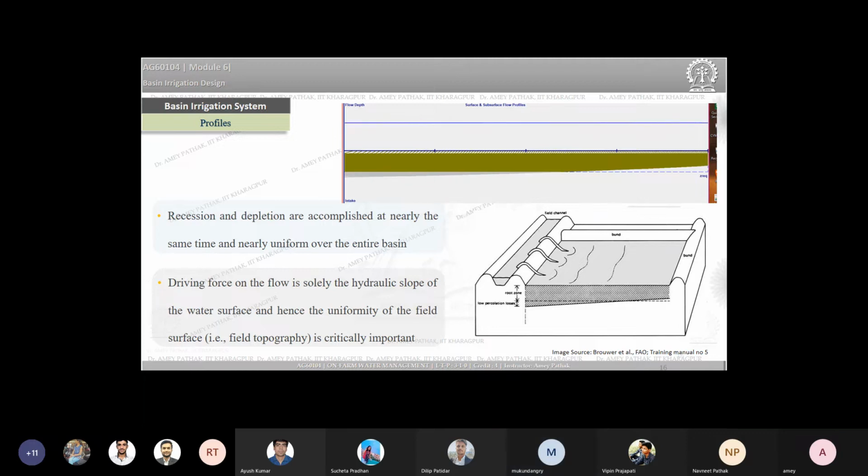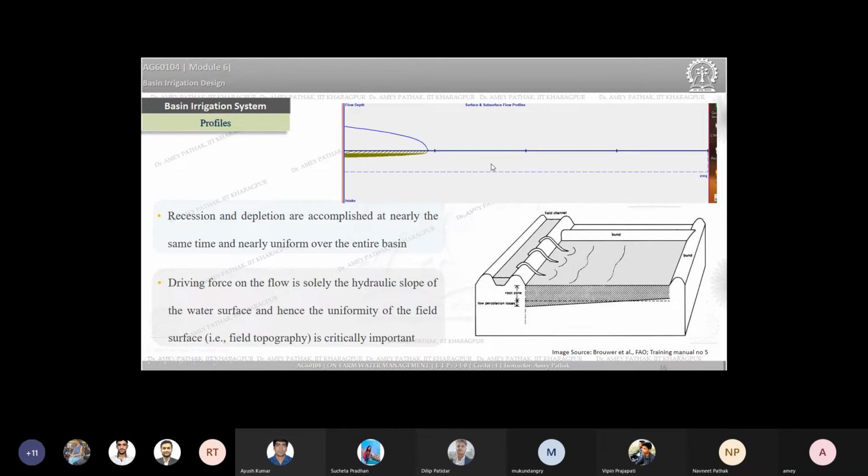What I'm saying is that depletion is happening at the same time. The time to deplete here, here, here, and here is the same over the entire field, because we are allowing a flat surface to infiltrate vertically in downward direction. So at the same time we are trying to achieve that recession. So this is our theoretical assumption.